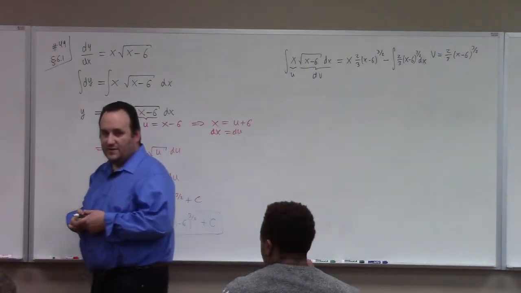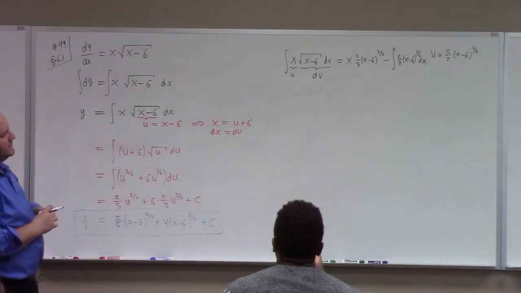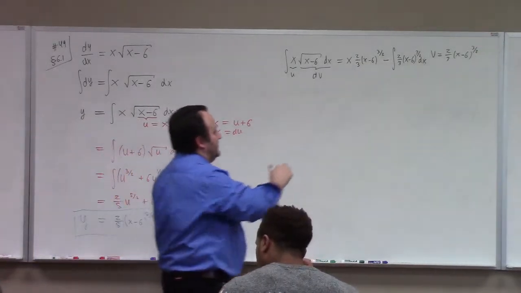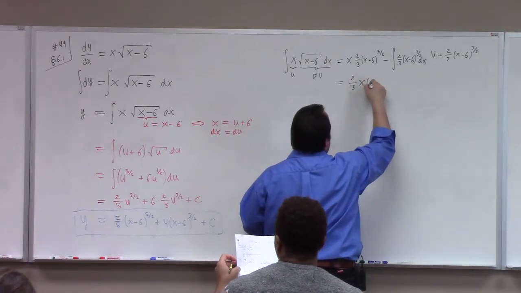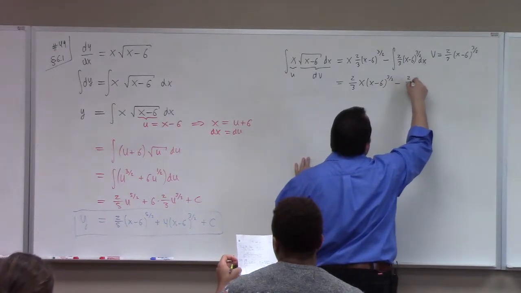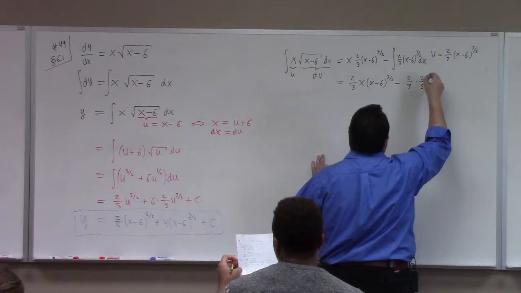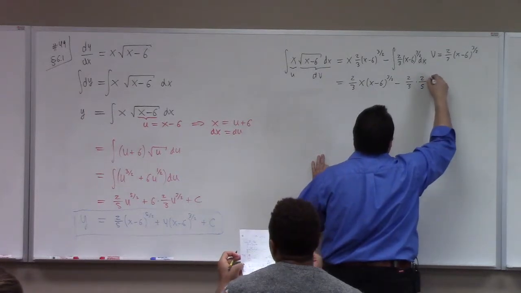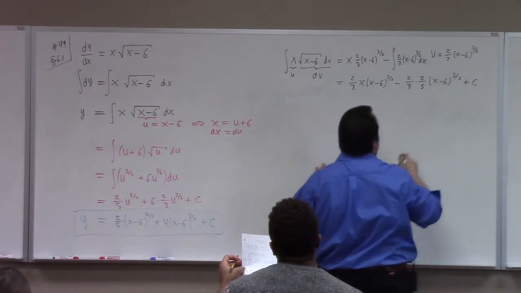I was just skeptical that you could get through the integral. Oh, wait a minute. No, well, I think it's okay. So this is 2/3 x times (x minus 6) to the 3/2 minus 2/3 times 2/5, I think, (x minus 6) to the 5/2 plus a constant.